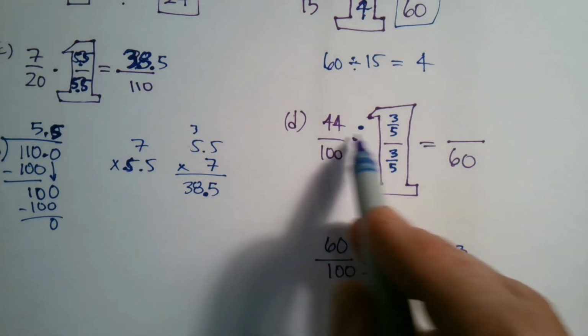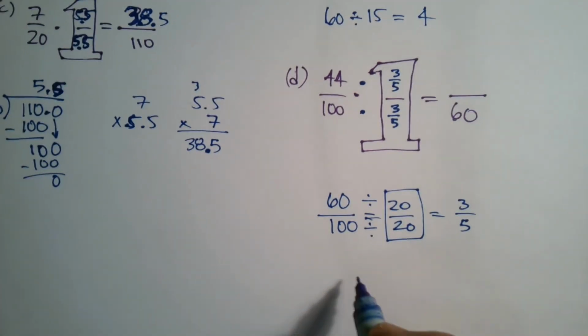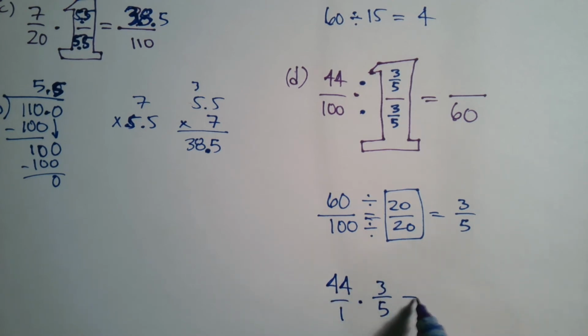So if I'm going to multiply 44 times 3/5, I'll do the math down here. 44 over 1 times 3 over 5. I multiply straight across, because I don't have any simplification here; the 44 won't reduce or simplify with 5. So 3 times 44 is 132.